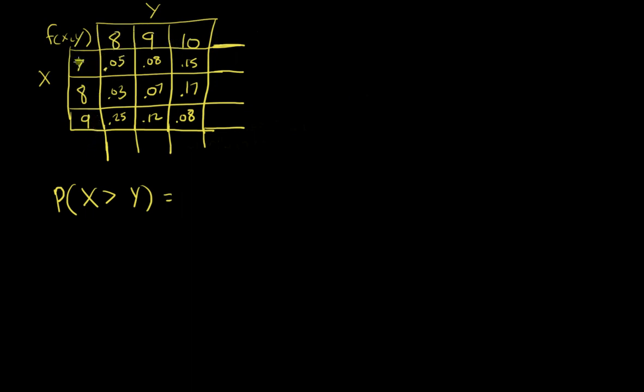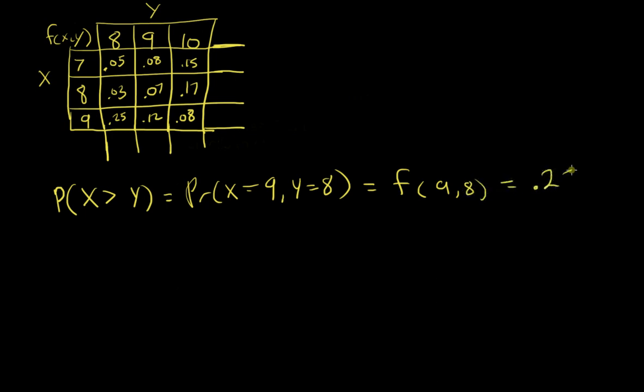So when x is 7, is there any y value that's less than 7? No, right? What about 8? No. At 9, yeah, when x equals 9 and y equals 8, right? So that would be f of 9, 8, which is 0.25.